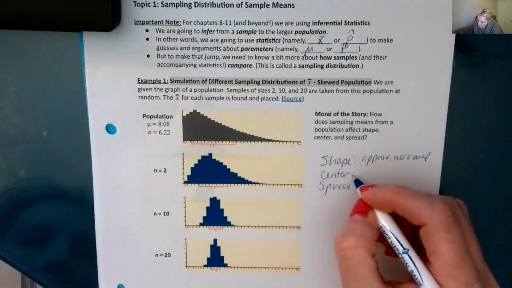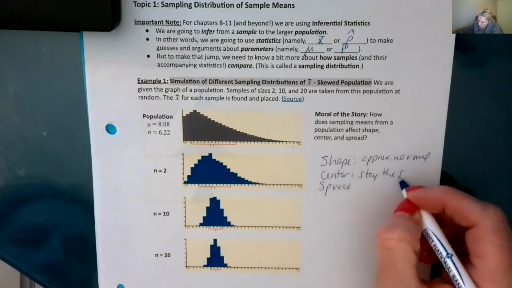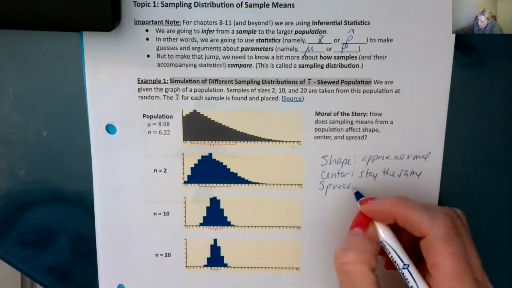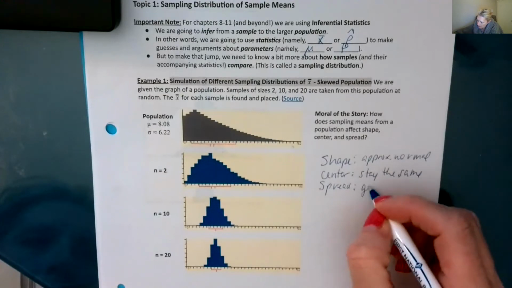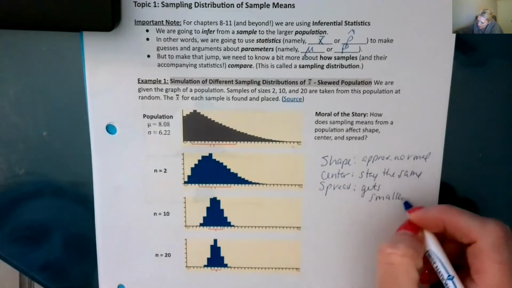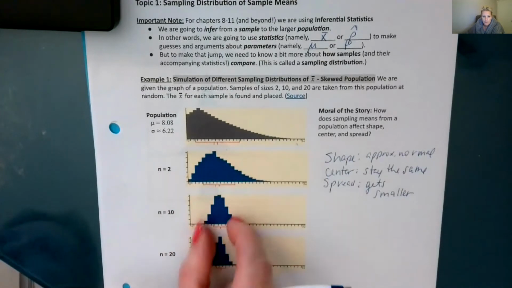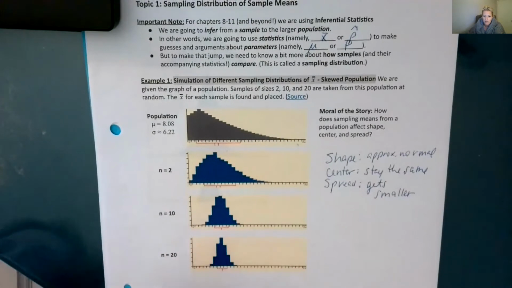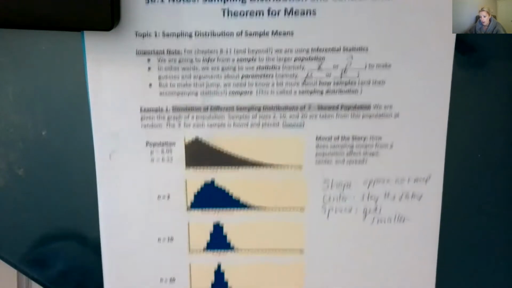Our center will stay the same for the most part, but our spread gets smaller. So you can see that it becomes normal, but it gets really small. Our spread becomes really small because the sample means are not going to vary from each other much at all.